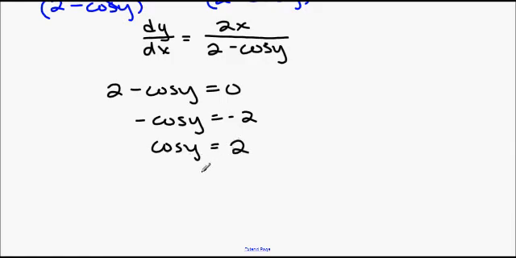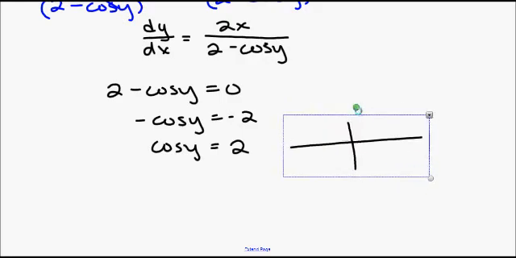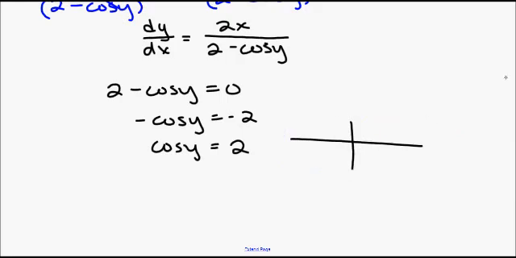But you know that cosine y is not going to be 2. If you look at its graph, oh gosh, that's a bad graph. Okay. Let's rotate this a little bit. There we go. That's better. So the graph of cosine looks like this. And the highest it's going to go is 1.